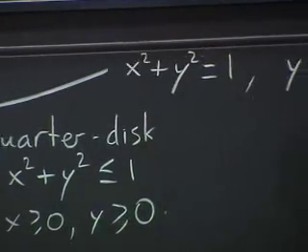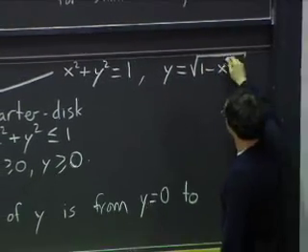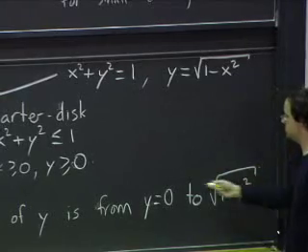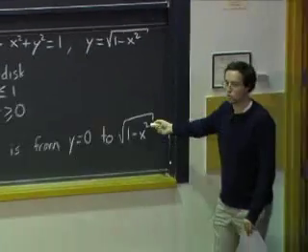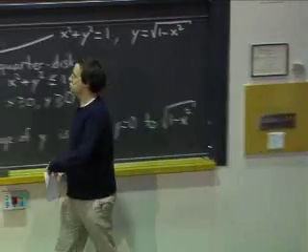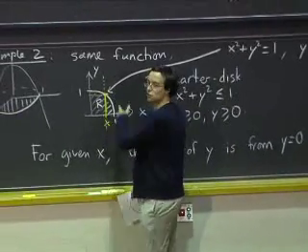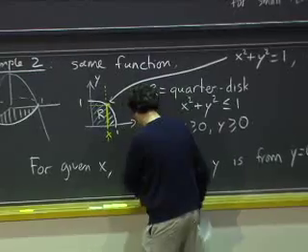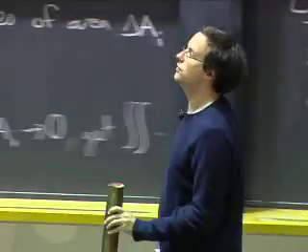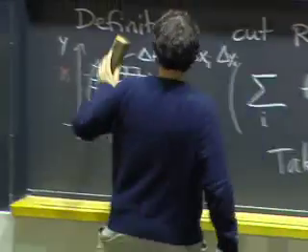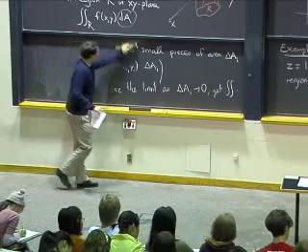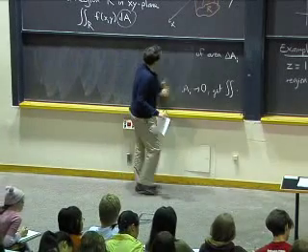That means y is square root of 1 minus x squared. So I will integrate from y equals 0 to y equals square root of 1 minus x squared. And now you see how the bound for y will depend on the value of x. Okay, so while I erase, I will let you think about what is the bound for x now. It's a trick question.